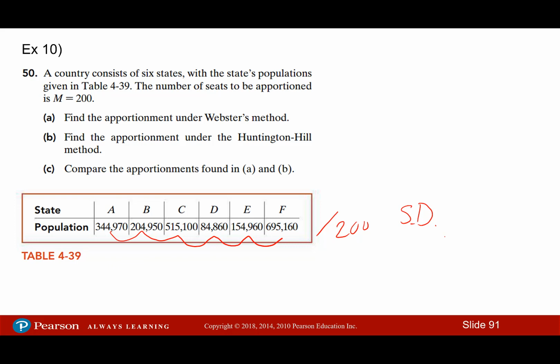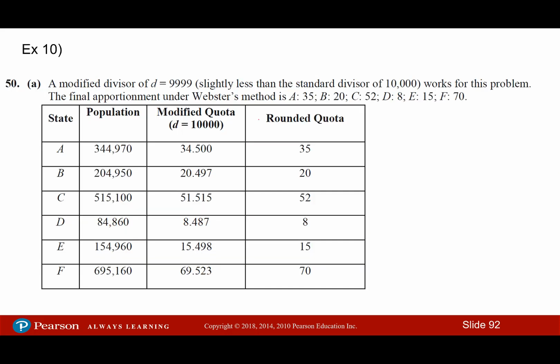All right, let me try it myself as well here. So there's a little, let's see, a modified divisor. So instead of using 10,000 as a modified divisor, we're going to use, this one's actually wrong. This is 9,999 instead of 10,000. So by that, under the Webster method, it doesn't tell you which numbers would work, but at least one number would work.